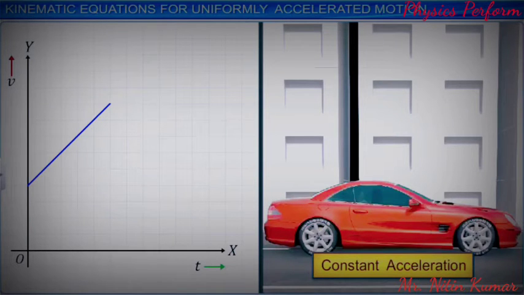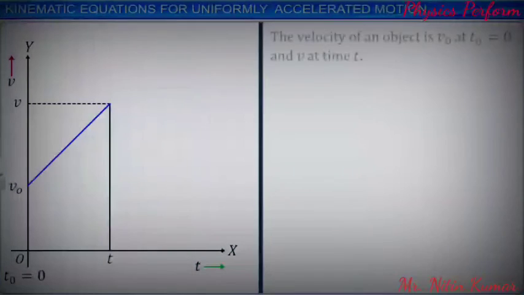The first equation is the relation between initial velocity, v0, final velocity, v, uniform acceleration, a, and time t. The velocity of an object is v0 at t0 equal to 0 and v at time t.